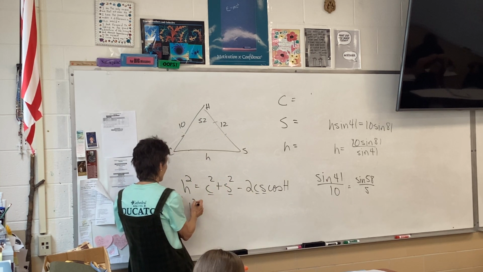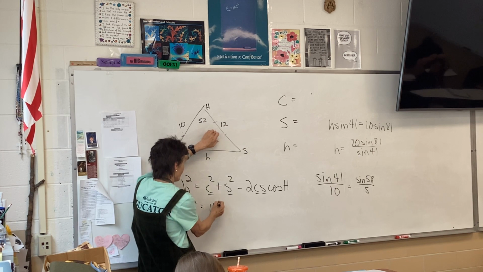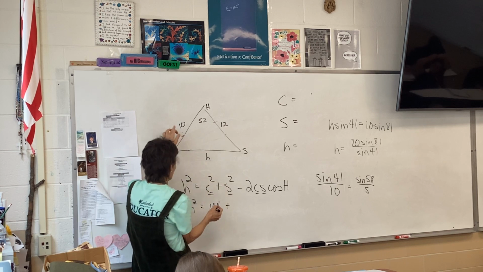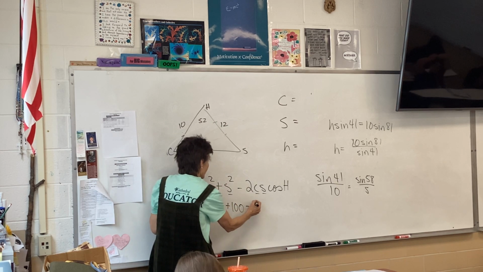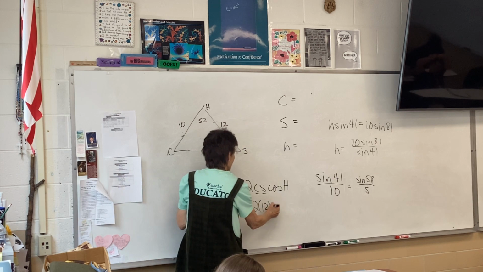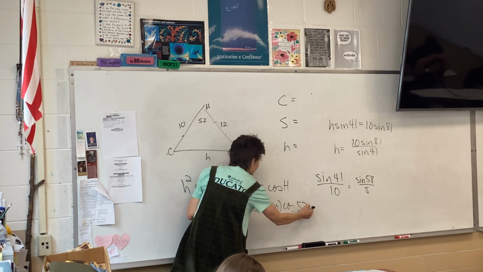I don't know what h squared is, but c squared is 144, and s squared is 100. So c is 12 and s is 10. And h is 52.